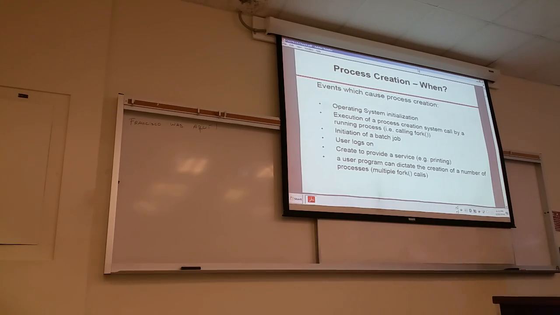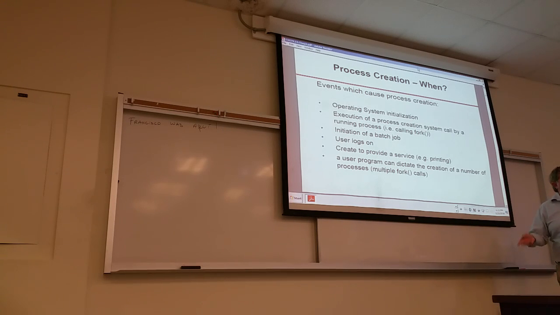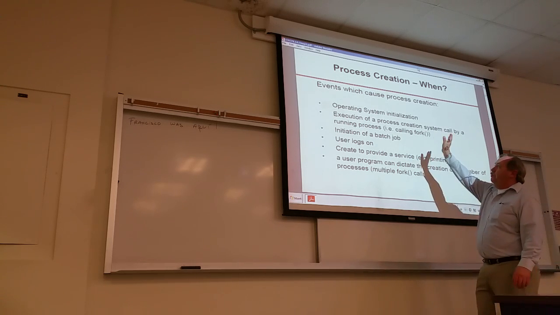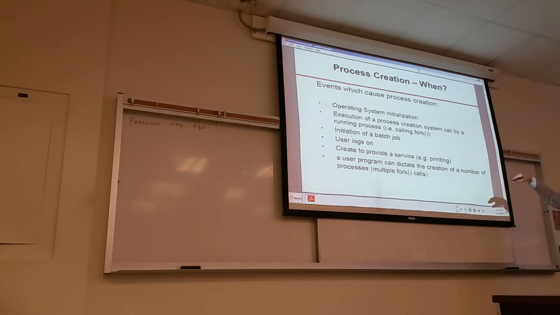Obviously, as you are starting up your operating system, it's loading stuff into specific memory locations. We're going to take a look at that a little bit later. But at some point, it needs to actually start running its own processes. So it will run its first process, and then it may start up some other processes, and so on. So operating system initialization, that should be an obvious one.